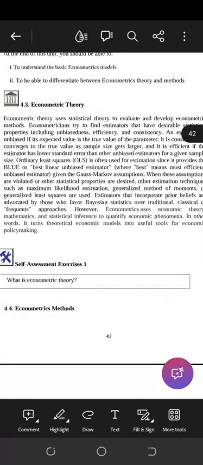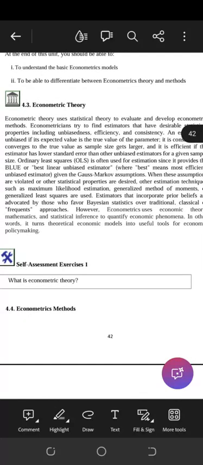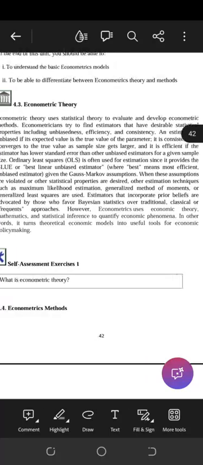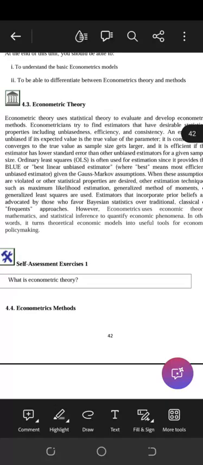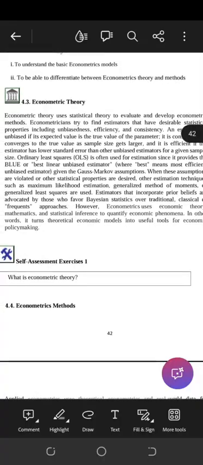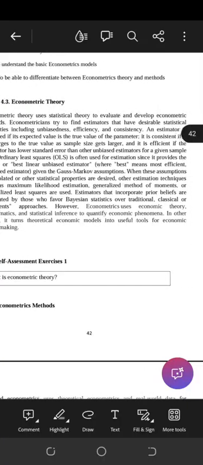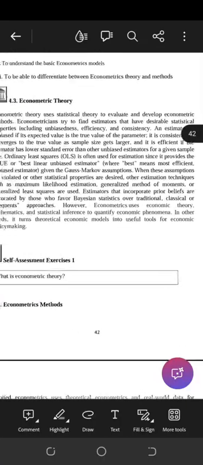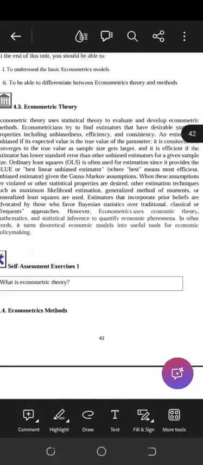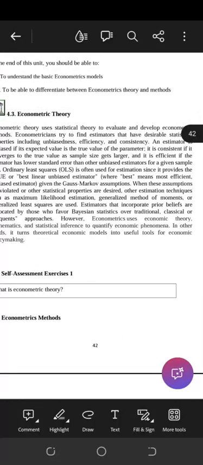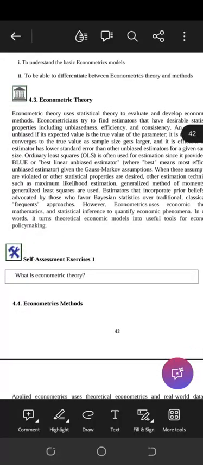after consistency, we now have that ordinary least squares is often used for estimation since it provides the BLUE. Anyway, we use the OLS because it meets all the conditions I have explained: consistency, efficiency, linearity and unbiasedness.